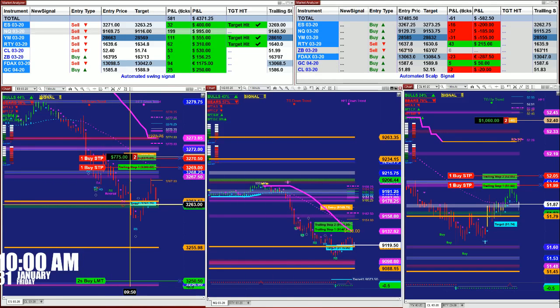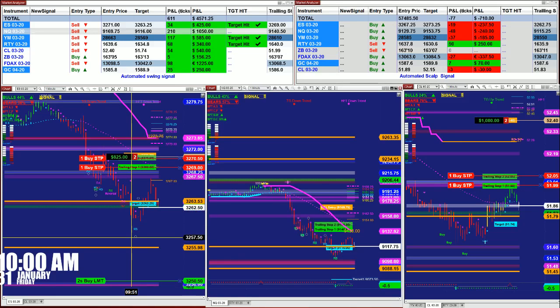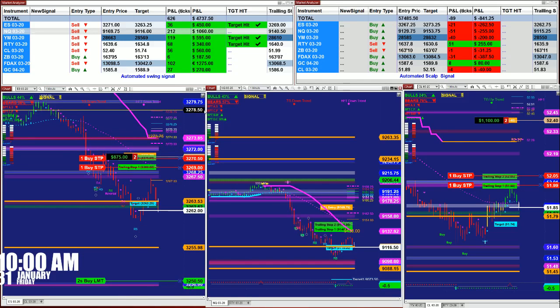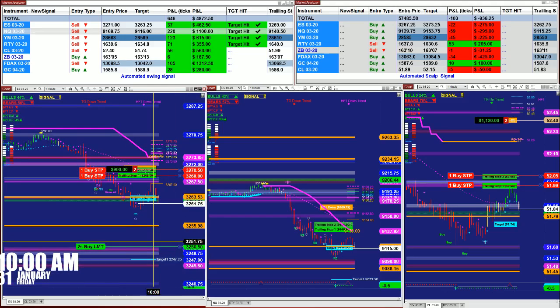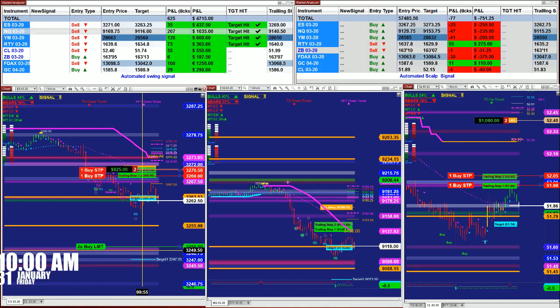This is a projection. If we break this projection, we're going back down all the way to where I have put it in. And this is something for the guys to know when to stop, when not to stop. As I have said before, without the fibs, you're lost, whether you are auto trading or not. Don't give me any indicators. Don't give me any trading system.